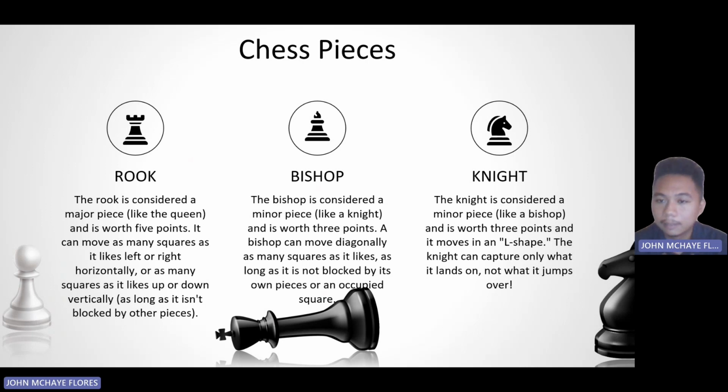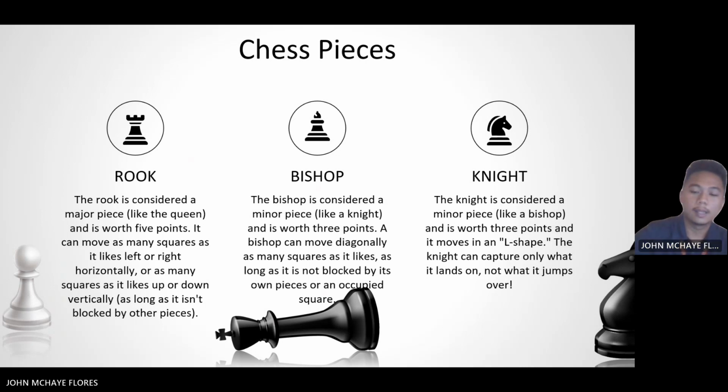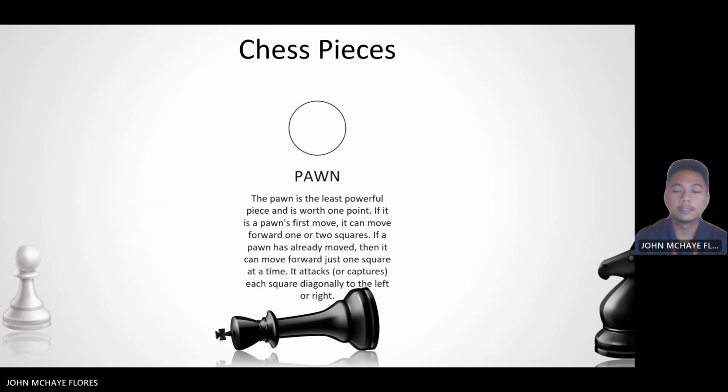Next is the knight. The knight is considered a minor piece, like a bishop, and is worth 3 points and it moves in an L shape. The knight can capture only what it lands on, not what it jumps over. Next, the pawn.